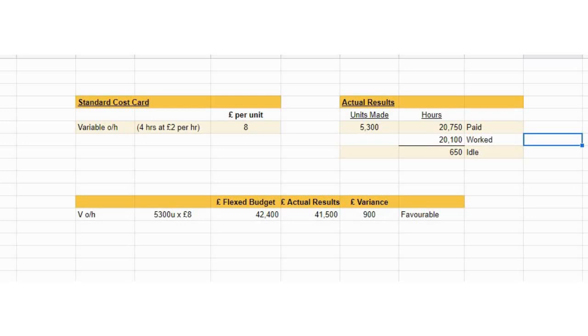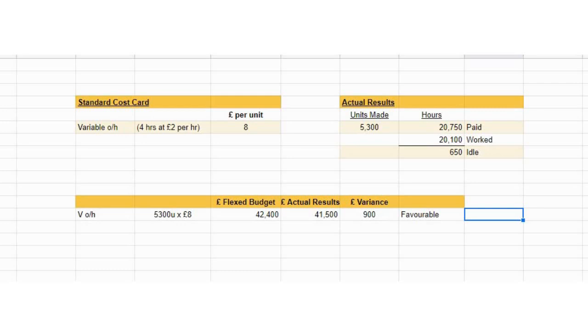So when we come to calculate the variances, we use the 20,100 worked labour hours as a basis for the overhead variance. Very similar to direct labour variances, the total variance of £900 favourable is analysed into its price and its quantity elements. The price part is called the variable overhead expenditure variance, and the quantity part is called the variable overhead efficiency variance.